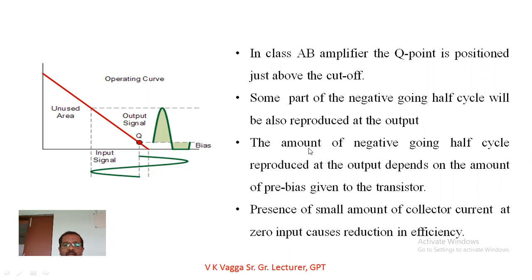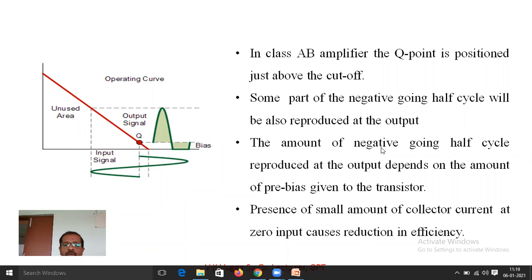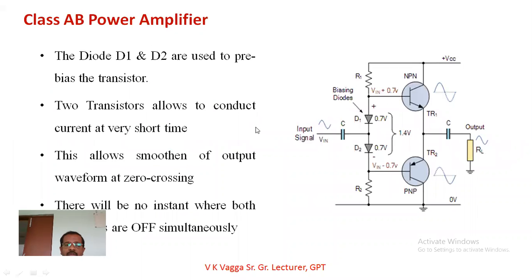And the amount of the negative going half cycle that is reproduced at the output depends upon the amount of the pre-bias given to the transistor. How much amount of bias it is going to get is decided by this diode.